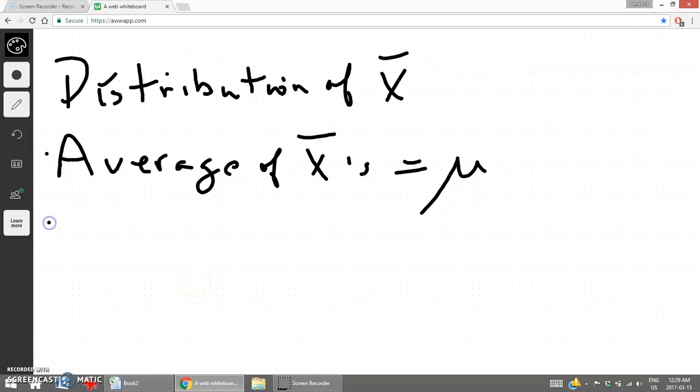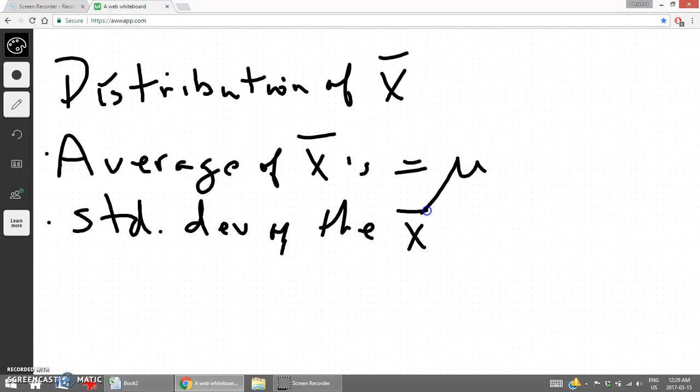The second thing we need to note here is the standard deviation. The standard deviation of the sample means has a relationship between the population standard deviation and the sample size. The standard deviation of the sample means is equal to the population standard deviation divided by the square root of n.